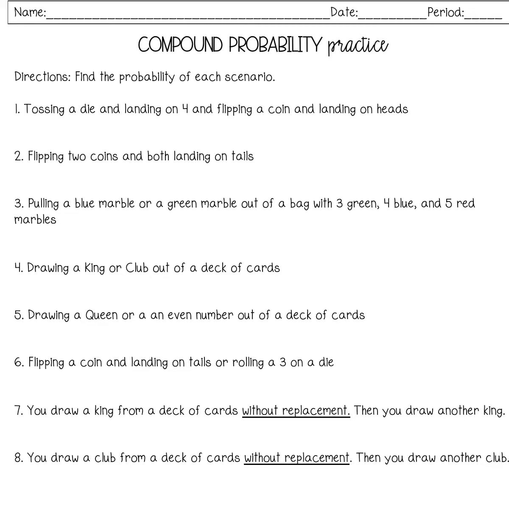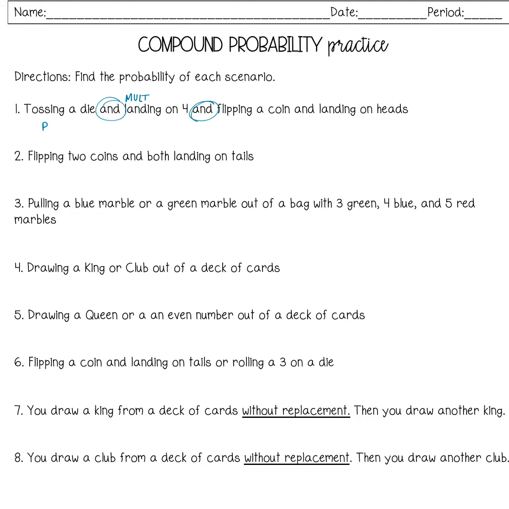All right, we're going to practice our compounded probability. This is page 4. We're going to find the probability of each scenario. Tossing a die and landing on 4, and heads. Oh, I'm sorry guys, I circled the wrong "and."